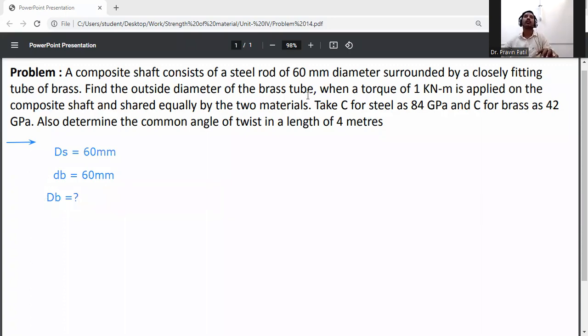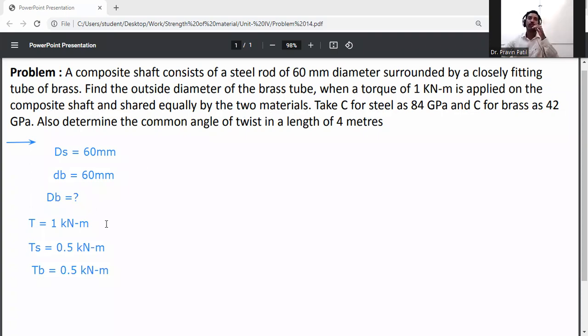Find the outside diameter of brass when the total torque given is 1 kilonewton meter, applied on the composite shaft and shared equally by the two materials.